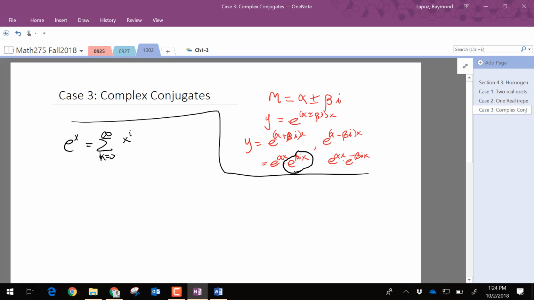I guess I should use n or k here. And when k is equal to 0, you have x to the 0 power, which is 1, and 0 factorial. What's 0 factorial? 1. It's not 0, it's 1.